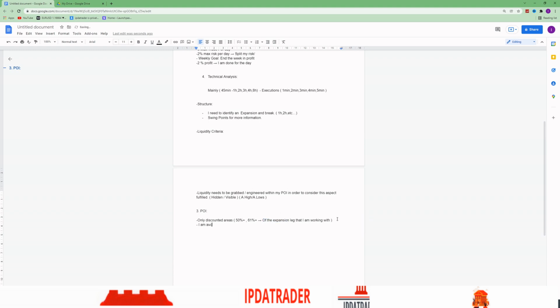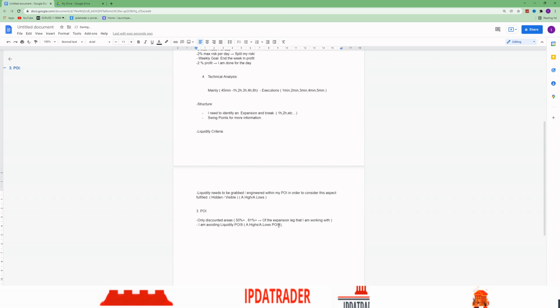I am avoiding liquidity POIs. Okay, that means Asia highs, Asia lows POIs, right? Because these liquidity pools can also be part of POIs, and generally speaking, you want to be avoiding those.